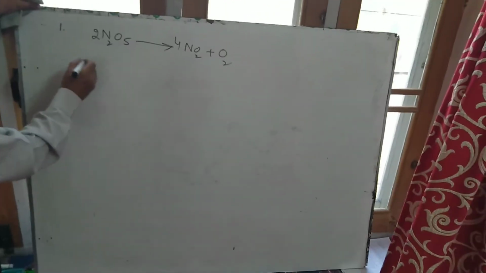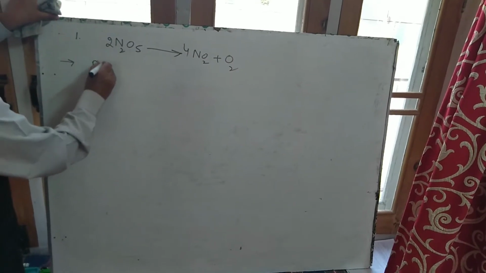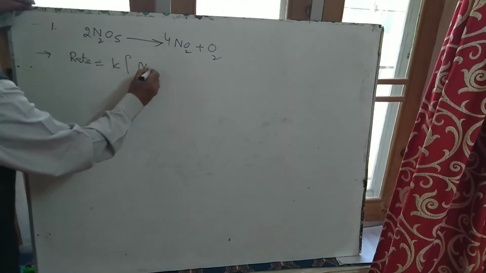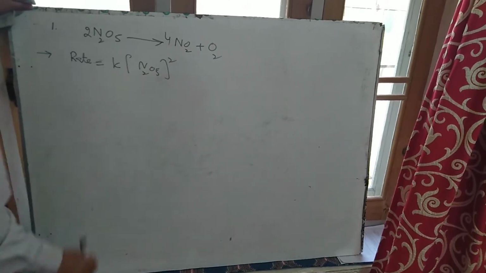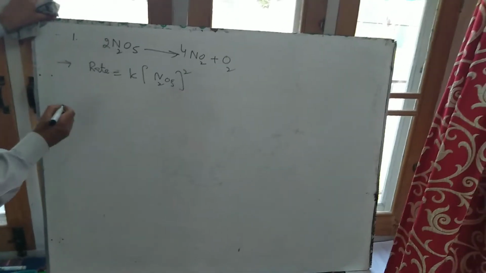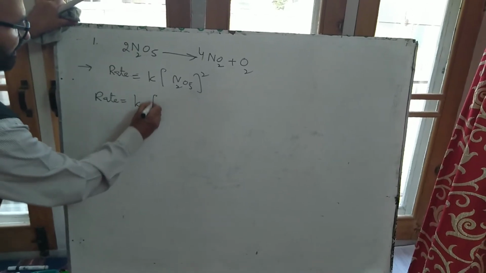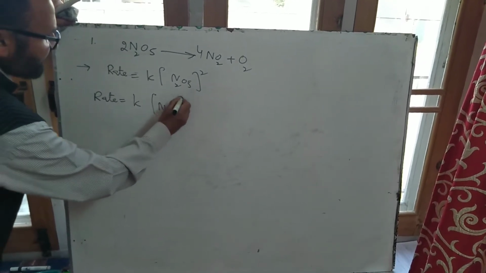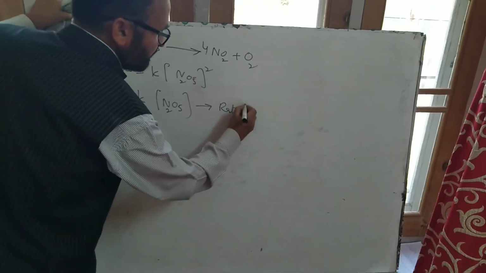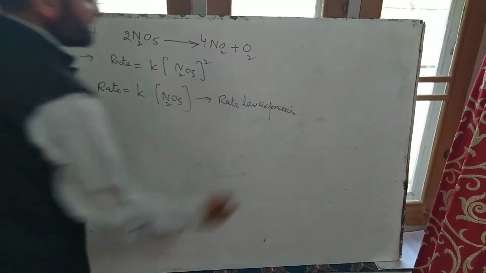Now, as per the law of mass action, rate is equal to K concentration of N2O5 raised to power 2, because the stoichiometric coefficient is 2. But actually, as determined experimentally, rate is equal to K N2O5, not raised to power 2. So this is the rate law expression.